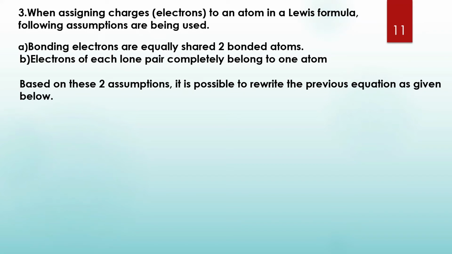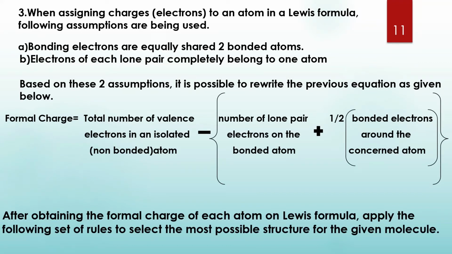So based on these assumptions, we can rewrite the previous formula. We can divide the number of electrons in the bonded state into the number of lone pair electrons in the bonded atom, which, according to this assumption, completely belong to that particular atom, plus half the number of bonding electrons around the concerned atom.